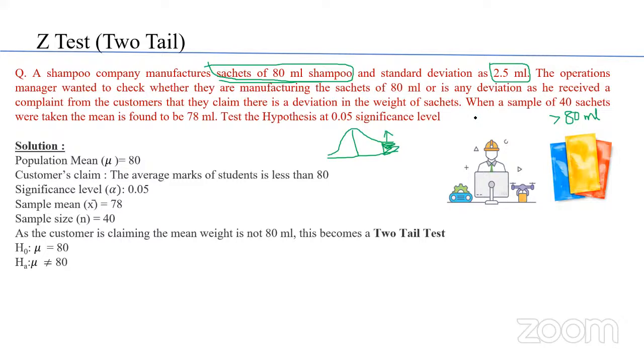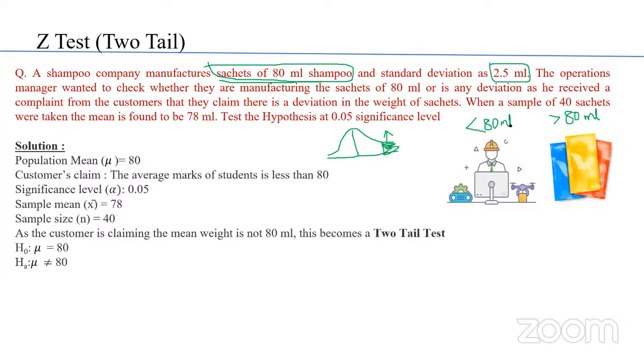Assume that we are producing something which comes to be less than 80 ml. Is there any advantage or disadvantage? If so, who has the advantage or who is at a disadvantage? Our production is coming to be less than 80 ml, 79 ml, 78 ml, 76 ml.